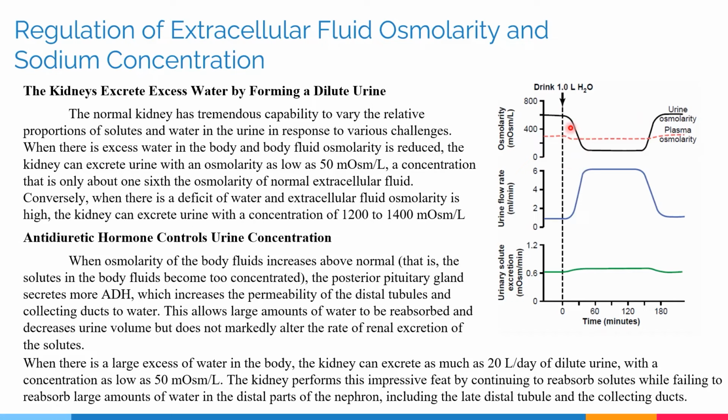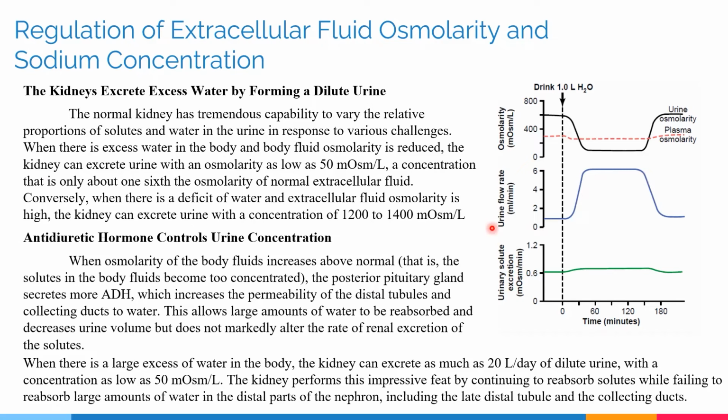Similarly, when a large amount of water is drunk, a huge increase in urine flow rate is observed, and thus this also makes sure that the extra water that was taken in by the body is excreted in order to not alter the extracellular fluid osmolarity.